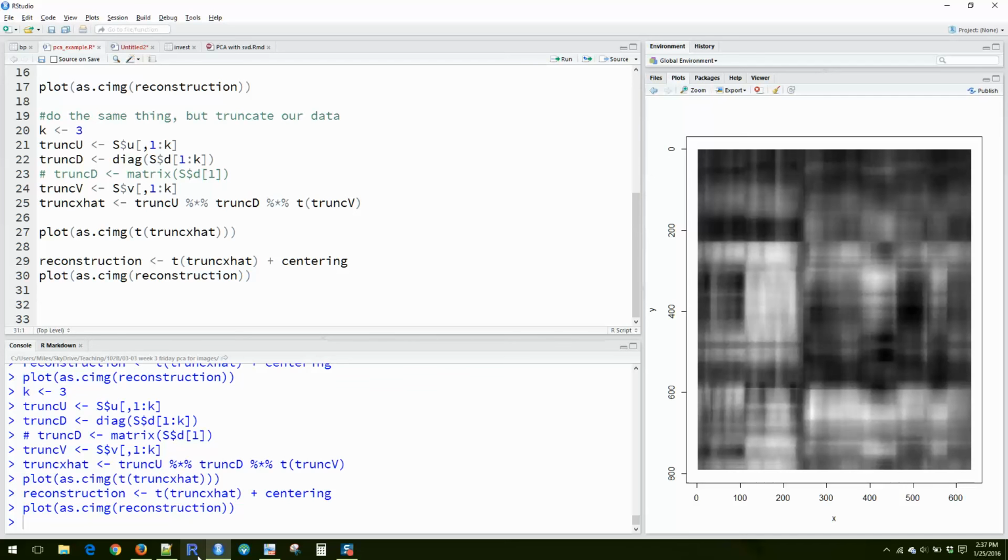Yes, question? So, how do you know what's the optimal, like? Yeah, okay, so when you do a principal component analysis, you can look at that diagonal matrix and see what's the total variation that exists, and how much of the variation have I captured here, okay?